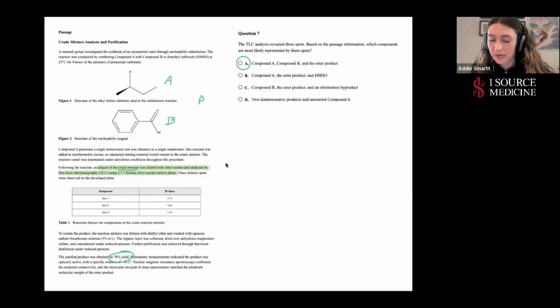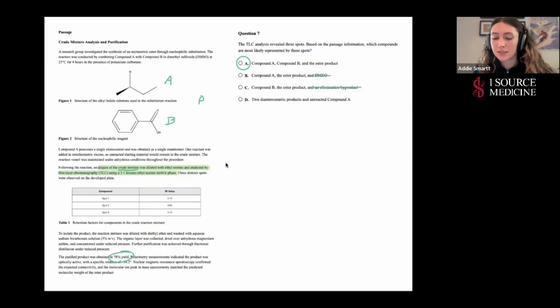However, the reason I would rule the other ones out: I don't think DMSO would show up. That's the solvent, right? That shouldn't show up as a spot. I don't think it's possible to have an elimination byproduct. We don't end up with a hydroxyl group in our ester, right? Normally for elimination, we would need an OH group hanging off to be eliminated.